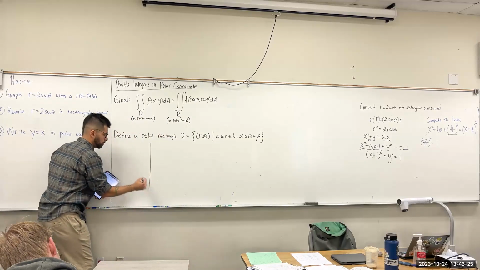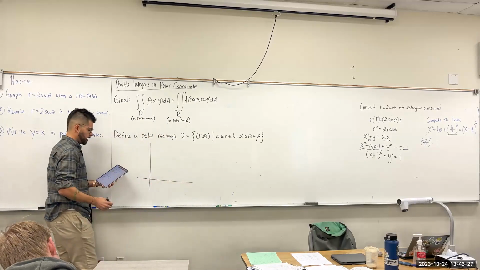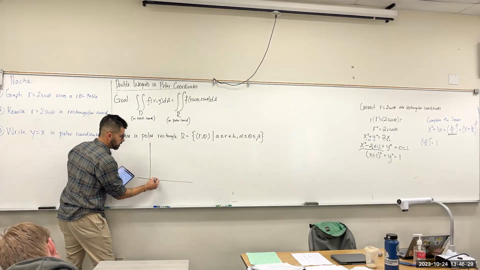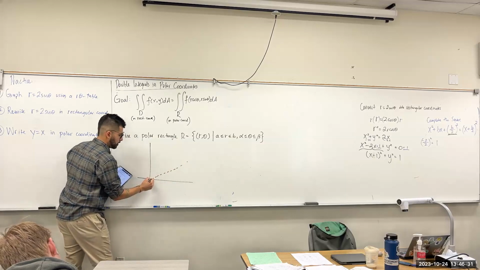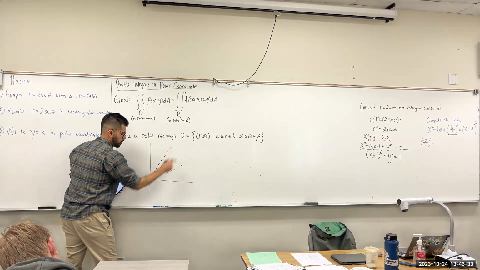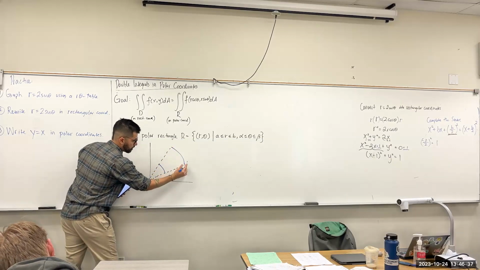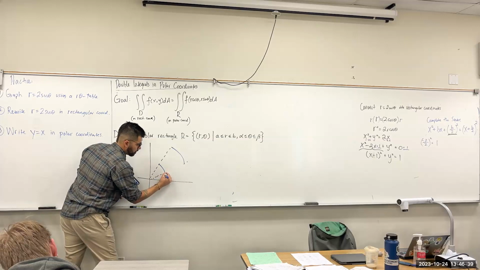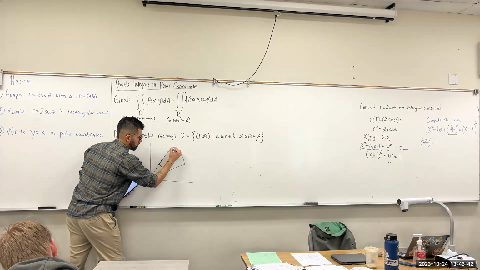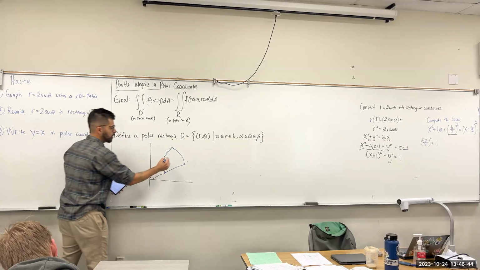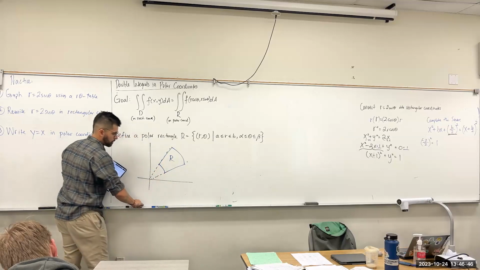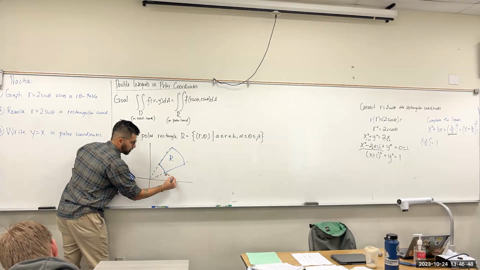So you want to draw a picture, or you just want to go off of what you have there in this bracket. So this is our R. Here's the theta equals alpha.